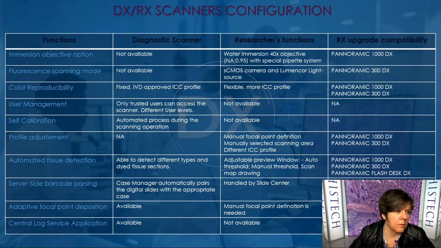The immersion objective possibility always could be a point of interest to the researchers. That's why we offer the water immersion vortex objective option to the Panoramic 1000. Regarding the fluorescence scanning mode, we can offer fluorescence equipment for the Panoramic 300.